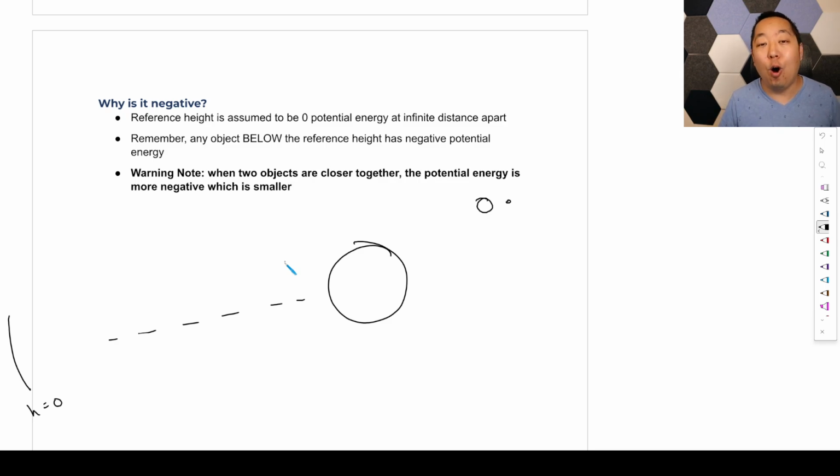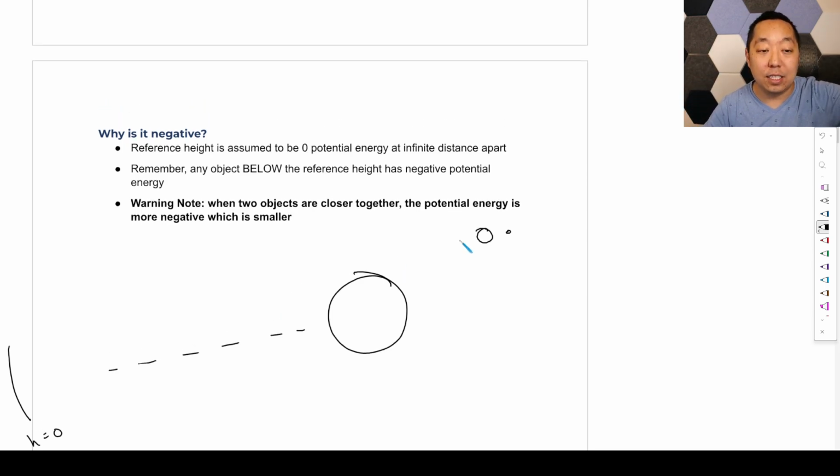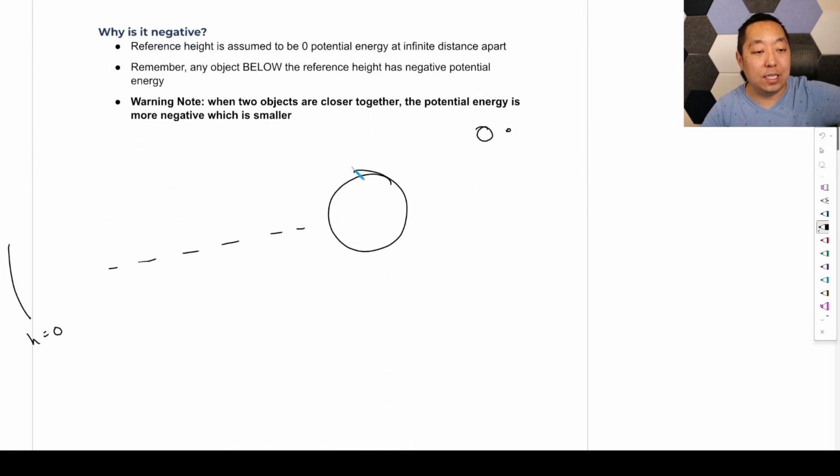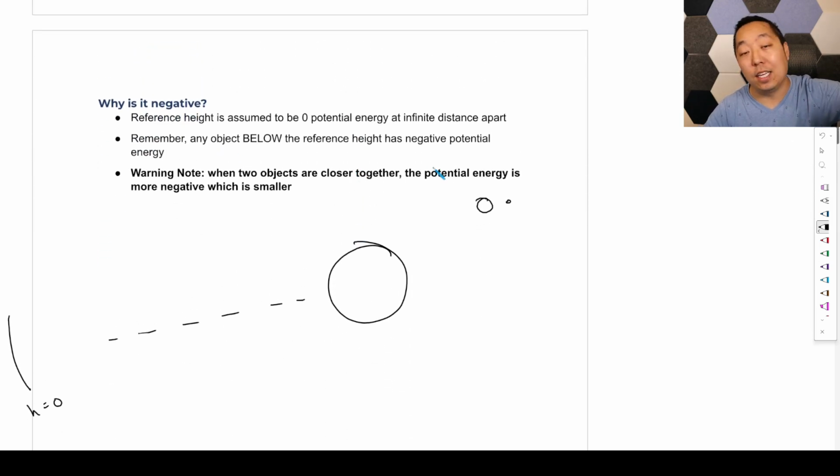That's why all gravitational potential energy, when you're considering planetary systems and very, very far away objects, is negative. We don't get to choose the reference height. It is already assumed to be at infinite distance, and that assumption is how this formula gets derived, by the way. The reference height is infinite distance, and anything below it is negative. So that's why it is.